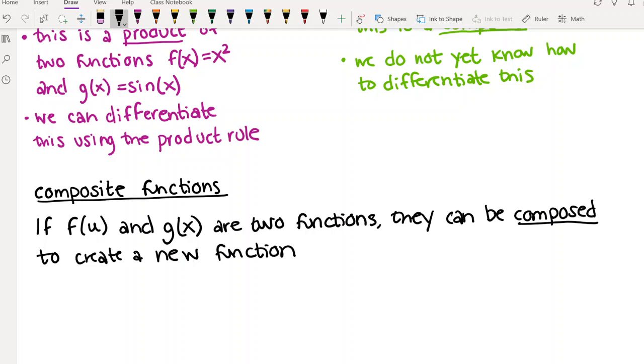And that function can be written two different ways. You can either write it as f, then this little circle, and g of x. And an equivalent way of saying that is f and then g of x on the inside. Basically, what it means to compose two functions is to take one of the functions and plug it into the other one.